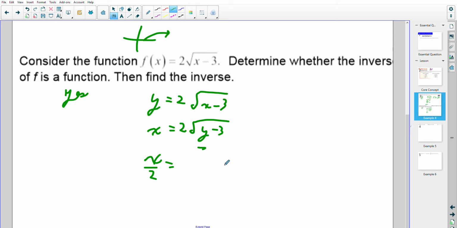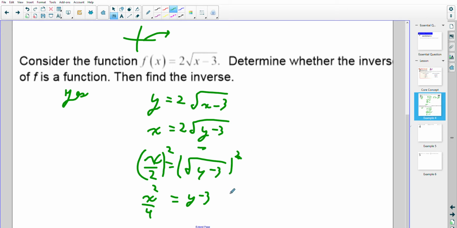X over 2, squaring both sides, and this becomes x squared over 4 equals y minus 3. So y equals x squared over 4 plus 3. In other words, f inverse of x equals x squared over 4 plus 3.